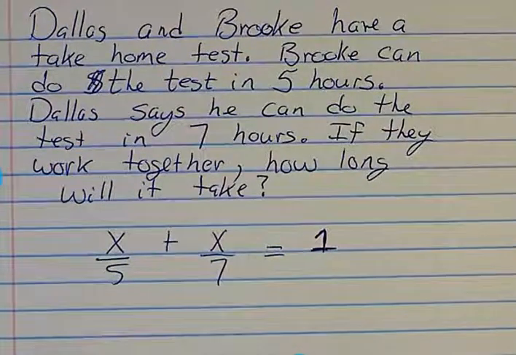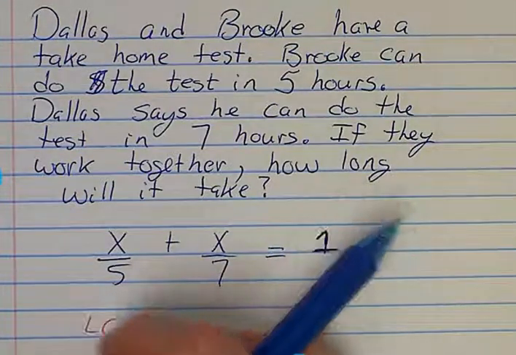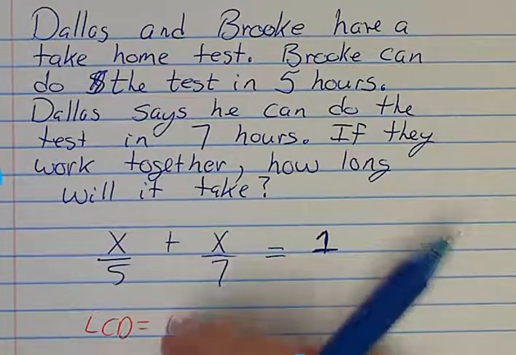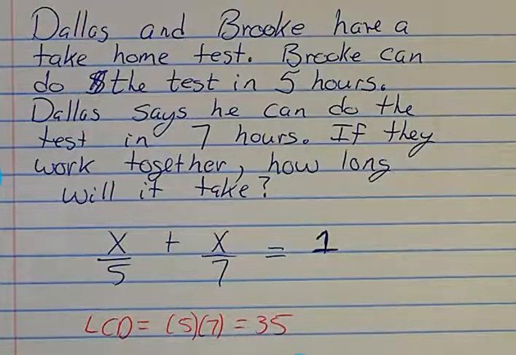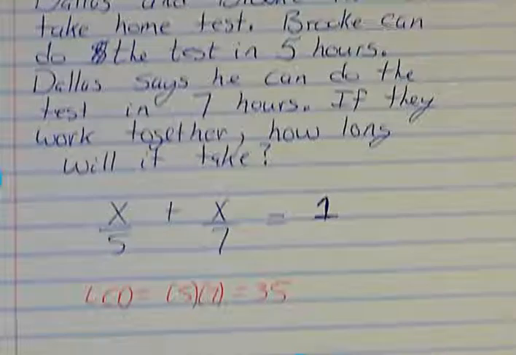Now we're just going to find the least common denominator, which is just 5 times 7, 35. And we're going to multiply all the terms by 35.